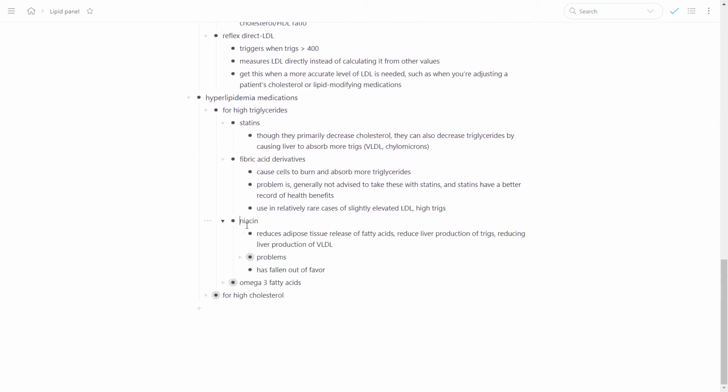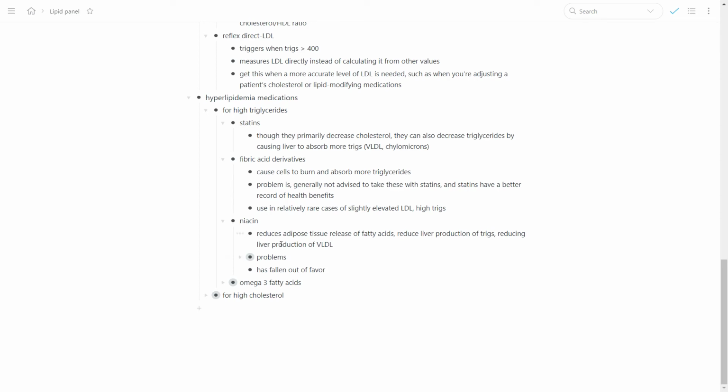The next up is niacin. That reduces adipose tissue release of fatty acids, so there's less in circulation, and reduces liver production of triglycerides, and that reduces the liver production of VLDL because the liver is producing less triglycerides to package into the VLDL.